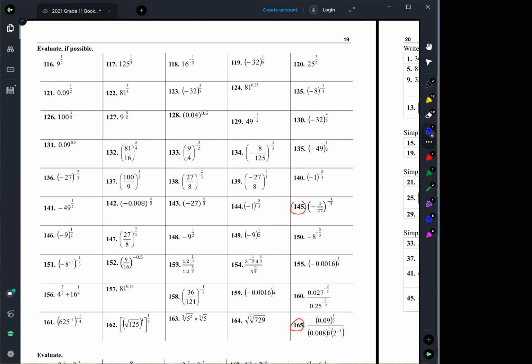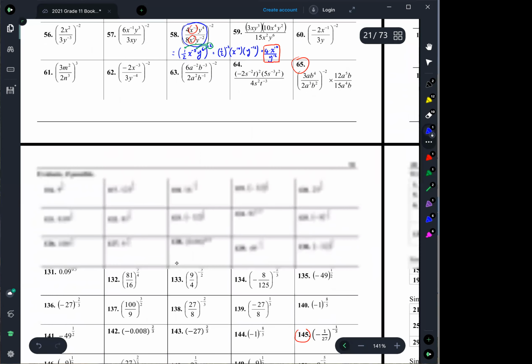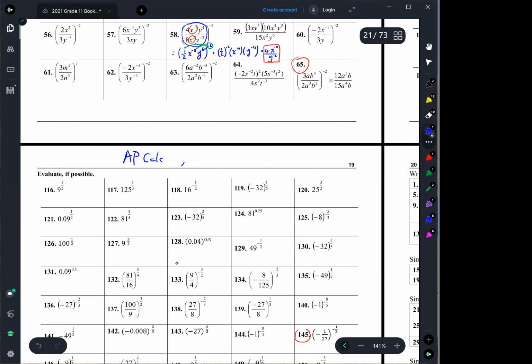And pre-calculus 12 are different. There are three different courses. I'll write it down. We have the AP Calc, we have the Calc 12, we have the pre-calc 12.